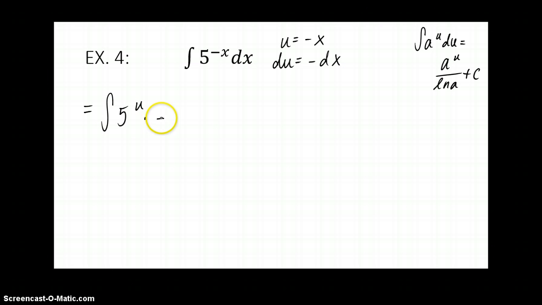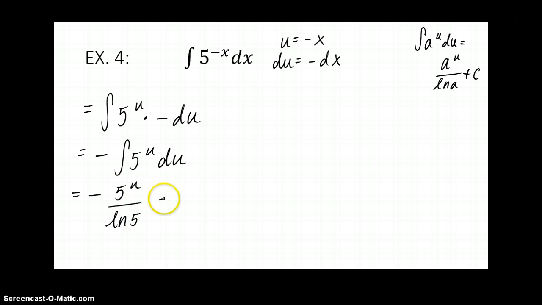Dx is equal to the opposite of du. So that brings a negative out front for me. The antiderivative of a to the u is itself divided by the natural log of the base. And just the last step, make that replacement in terms of x and add the c to it.